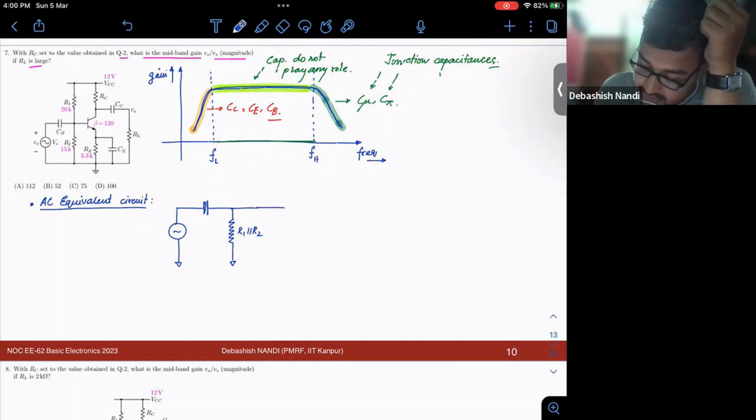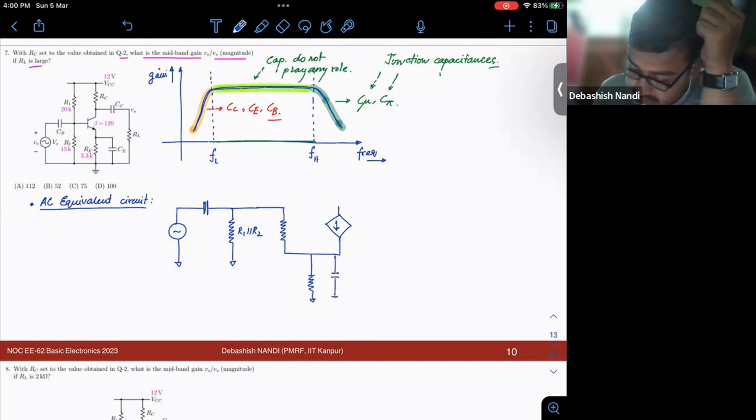Then you have a base resistance, and you have another path to this. And then you have your RC.